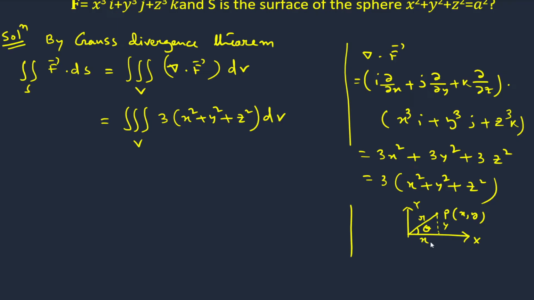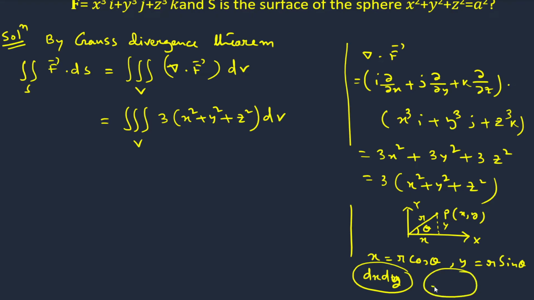This is called polar coordinates. There is a relation between them: x equals r cos theta, and y equals r sin theta, right? In Cartesian coordinates, area is written as dx dy. But the same area in polar coordinates we write as r dr d theta.